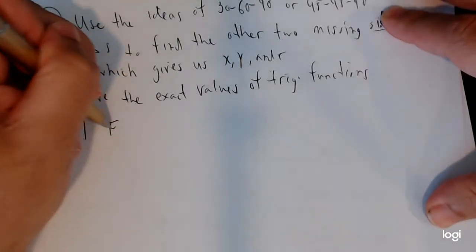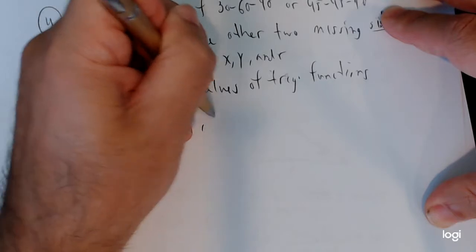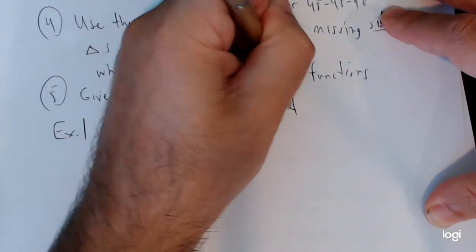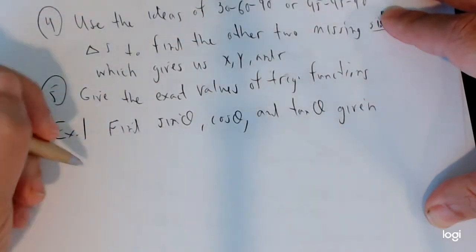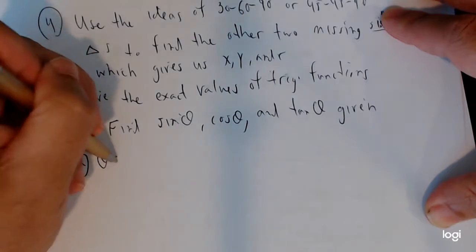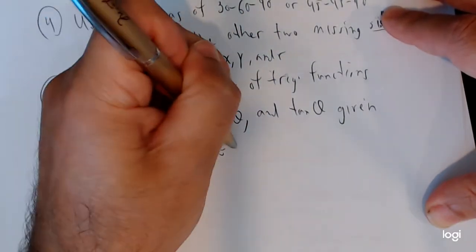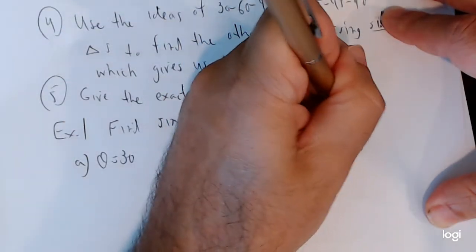We're going to say find sine of theta, cosine of theta, and tangent of theta given A, theta is 30 degrees, B, theta is 45 degrees, and C, theta is 60 degrees.